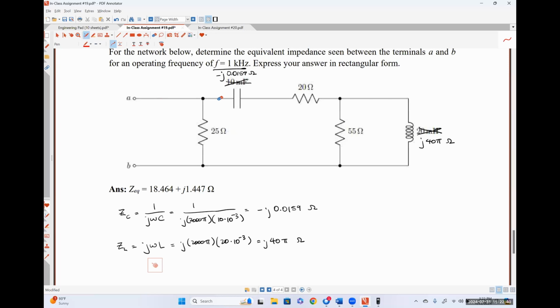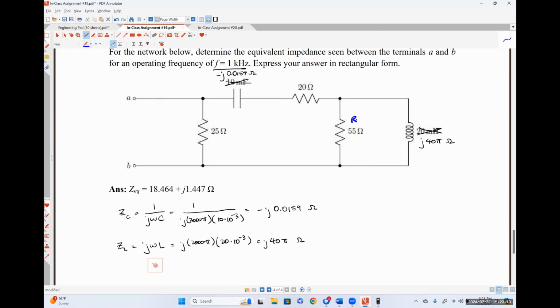So that would be 55 times j 40 pi over 55 plus j 40 pi. Let me do it this way really quickly.